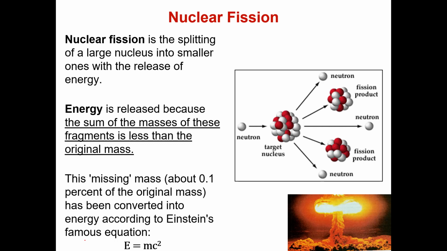So if you plugged in the amount of mass that we lost, and we multiply that times the speed of light squared, and the speed of light is equal to 2.998 times 10 to the 8th meters per second. So if you square that number, you get a pretty big number, which means you can get quite a bit of energy out of a small amount of mass.